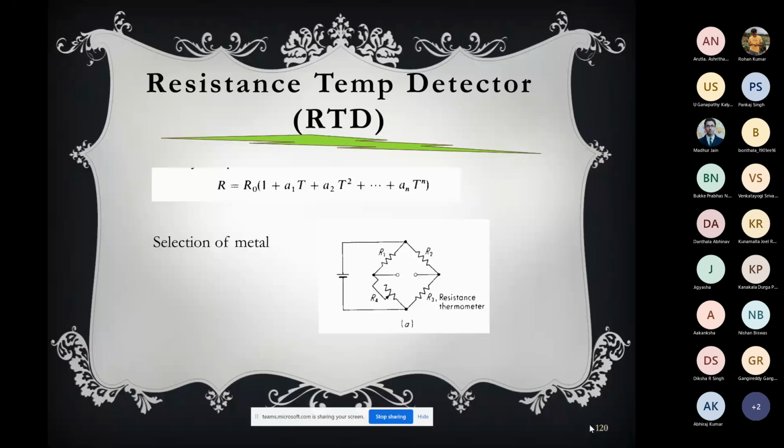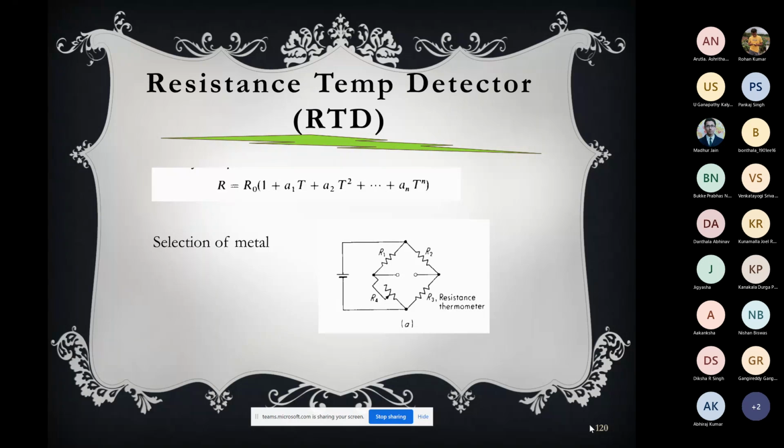Now you might be thinking that this is quite easy. Yes, this is very easy, but you need to choose the material very selectively. Why? Although all materials show the property of change in resistance with the change in temperature, or all the materials' resistance is a function of temperature, all the materials will not be useful to build a resistance thermometer.